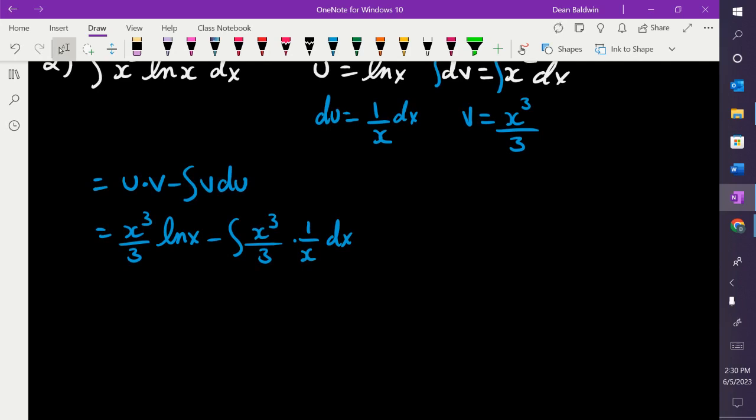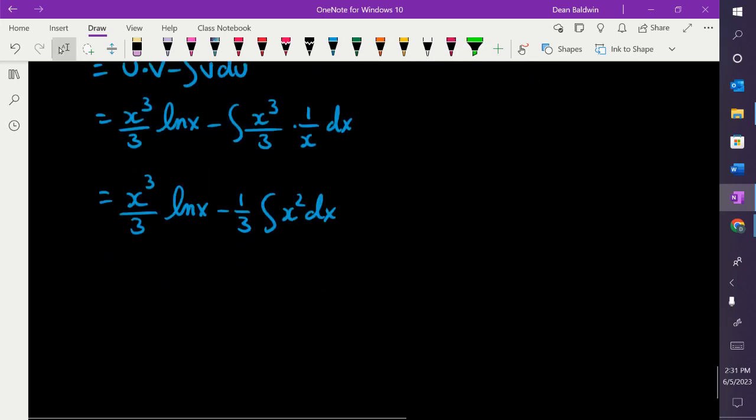So we still need to do that integral, but we want to clean it up a bit, right? Because it's kind of gross right now. So we can simplify that. I can pull the 1/3 out. X cubed over x is x squared. Does that make sense? Okay. So what's the antiderivative of x squared?